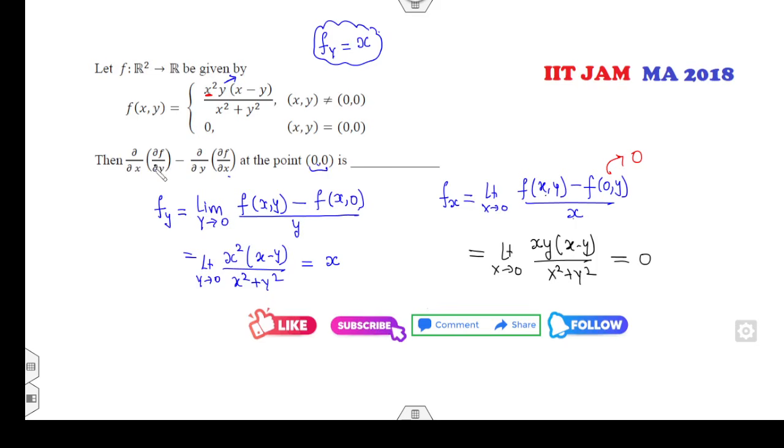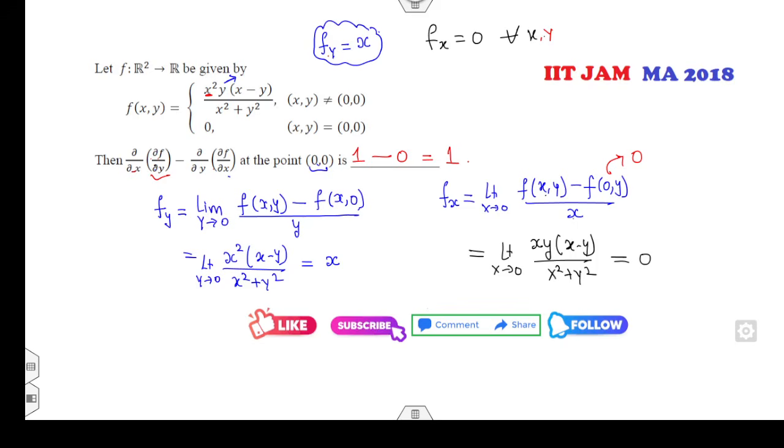So the answer is f of x will be 0 for all x and y. So you fill in the partial derivative of f with respect to y with respect to x as 1 minus 0. The answer is 1, which is the correct answer of this problem. Is it fine? Okay.